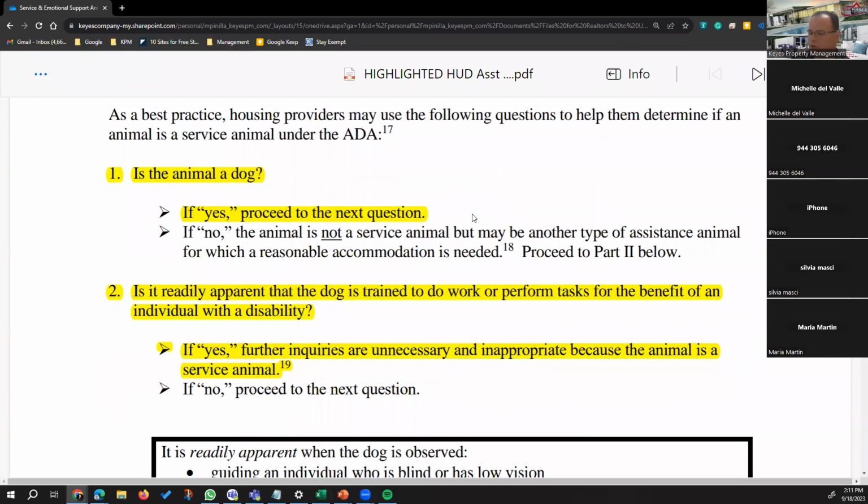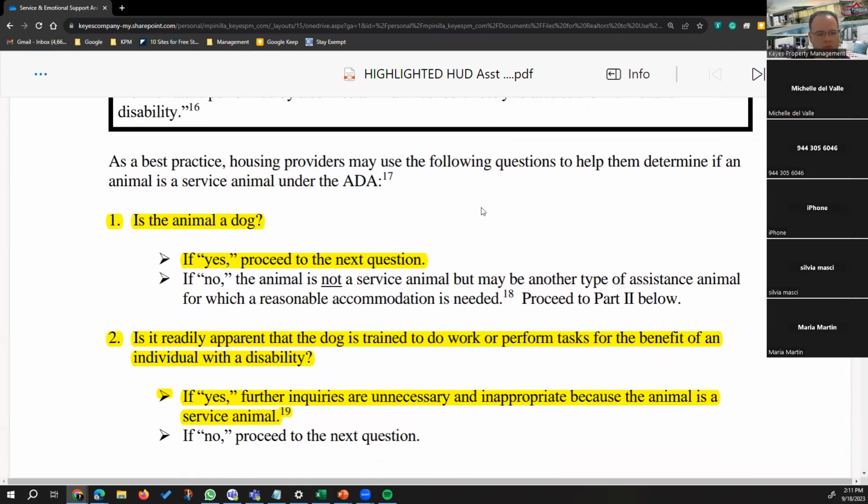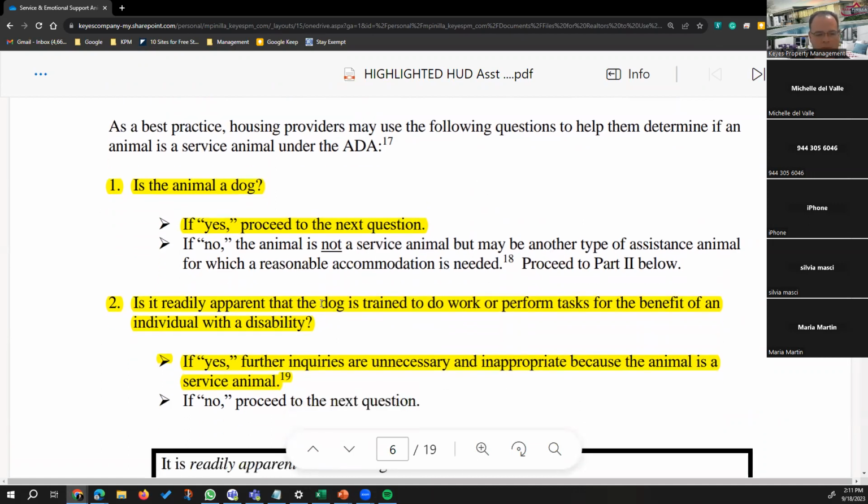So with regards to service animal, the person comes in and says, I have a service animal. Okay, great. So then you go to the question for service animals. Is the animal a dog? Yes. Okay, very good. Is it readily apparent that the dog is trained to do or perform the task and benefit of the individual or disability? So can you guys see very clearly that that dog is performing a task for that person?